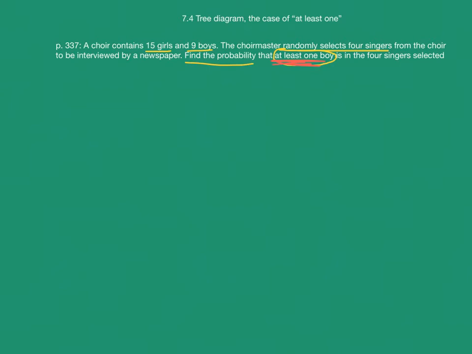Now, the basis of what we're going to utilize here is that if you have a set A, and we can talk about the probability of A, then we know that if we add the complement to A, the probability of the complement, that would always be 100% or 1.